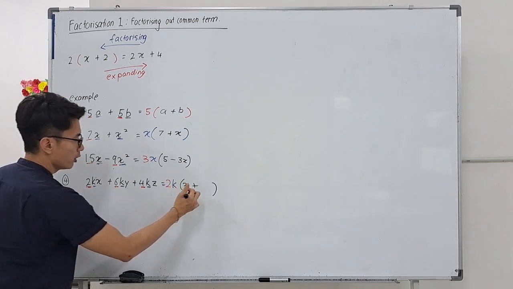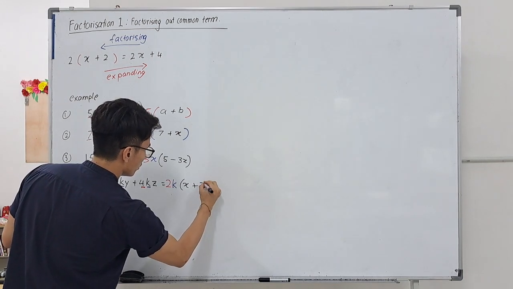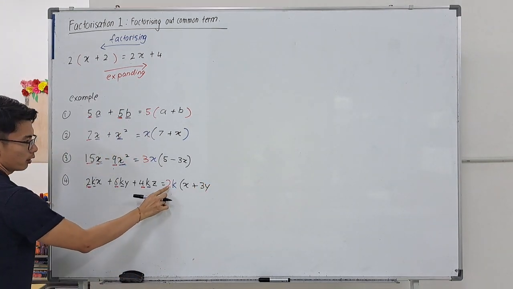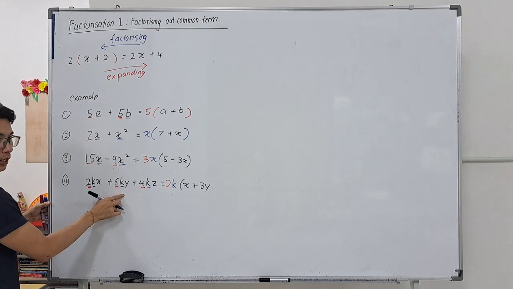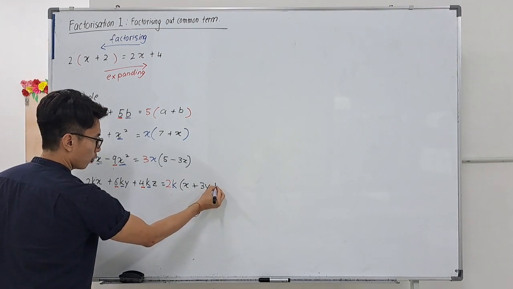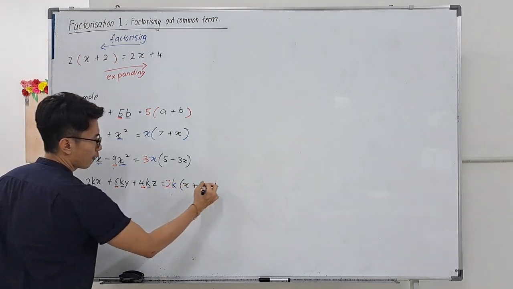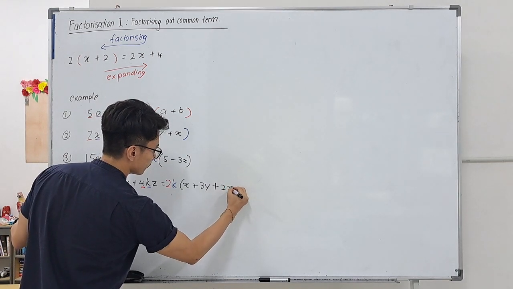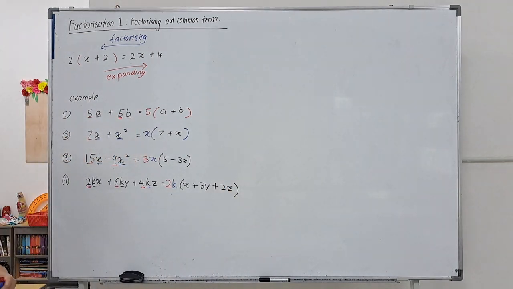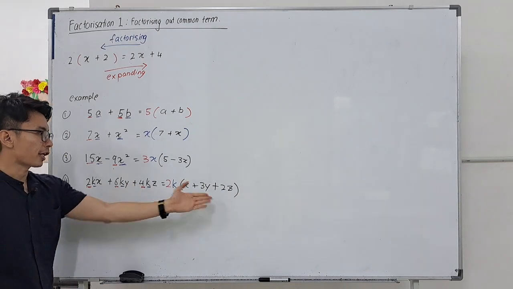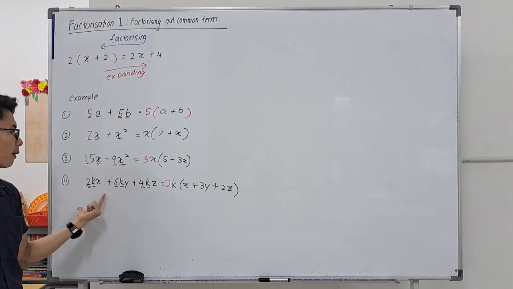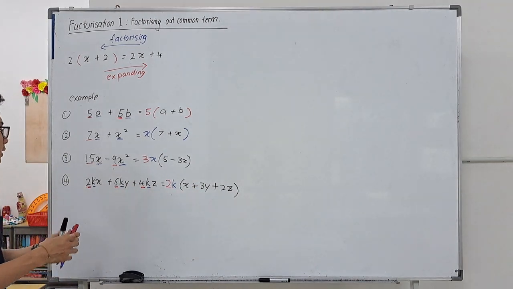That's going to be 3y. Okay, we can check. 2k times 3y, that's 6ky. And what's left over here? That's going to leave me with 2z. All right, done. Okay, same thing again. You can just expand this expression and you should be able to get back the same expression over here.